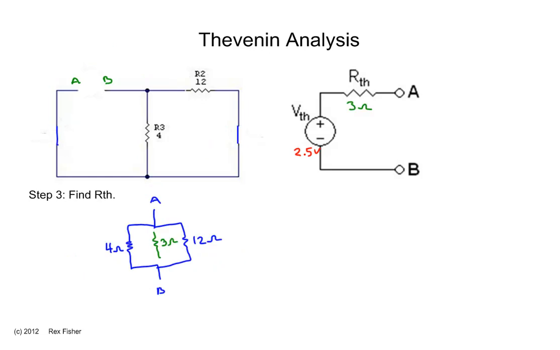Then replace the sources with internal resistance. The batteries in this circuit have an internal resistance of 0, so they are replaced with wires. The resistance between point A and point B is the Thevenin resistance, and in this circuit, that's 3 ohms.